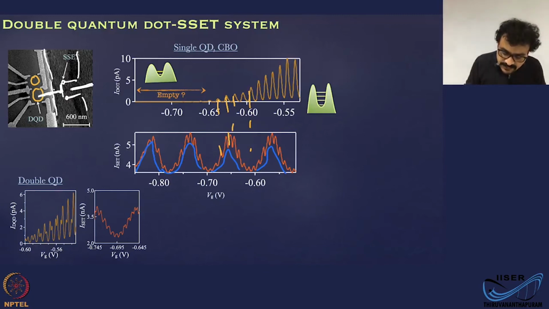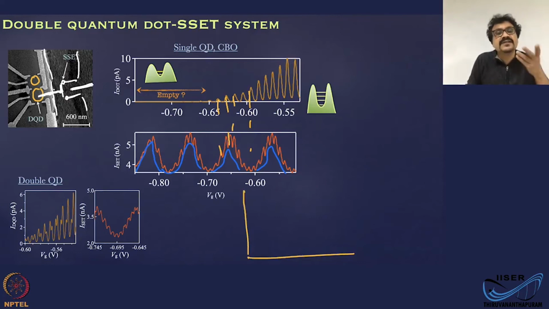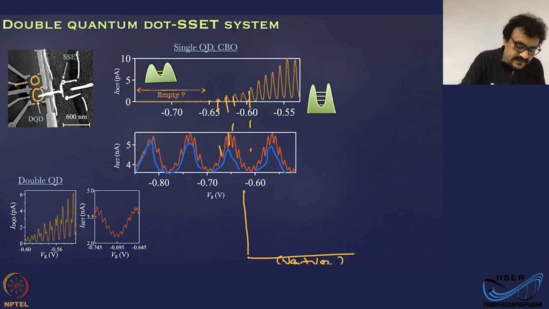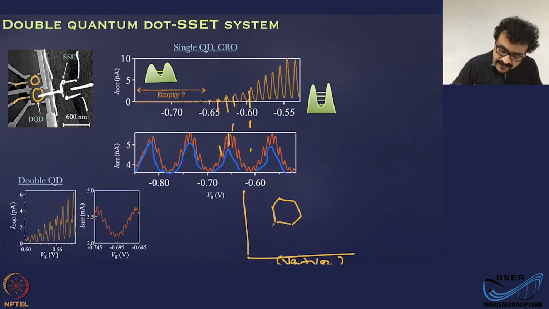So if you take a sweep of both gates together, that is VG1 plus VG2, these two plunger gates, you have a charge stability diagram which is looking like a honeycomb, right? It's going to look like this.